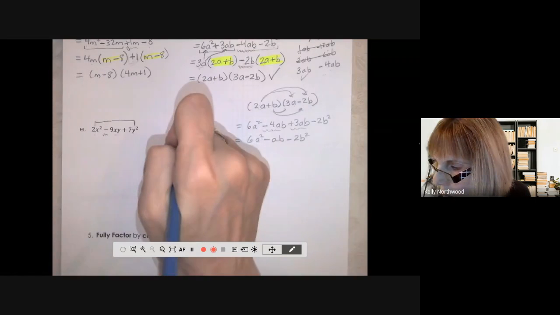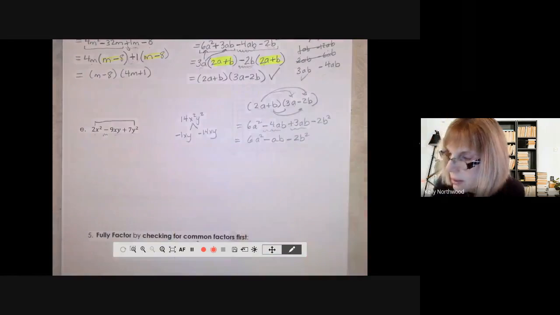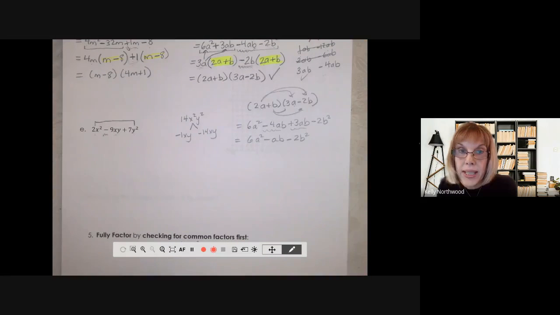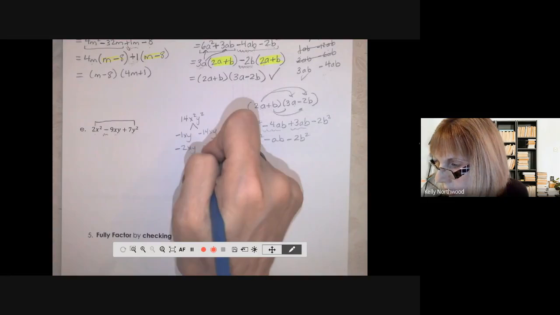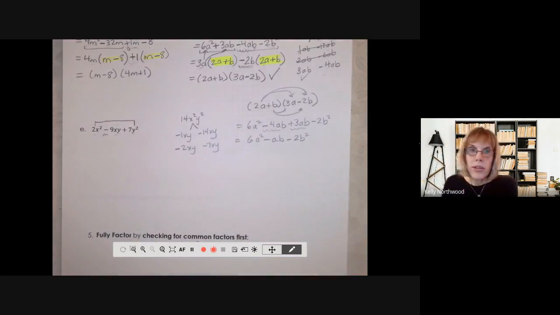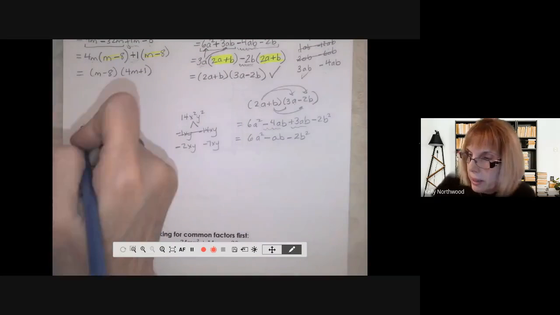I could have negative 1xy and negative 14xy, but that adds up to negative 15xy, so it's not those. Negative 2xy and negative 7xy do add up to negative 9xy. So those are my pair.